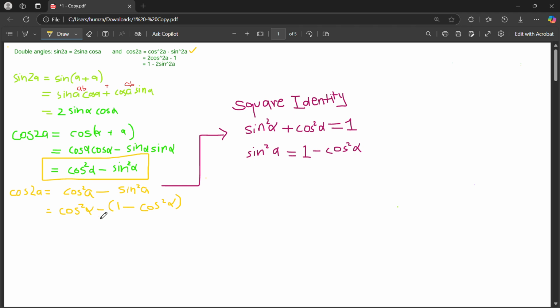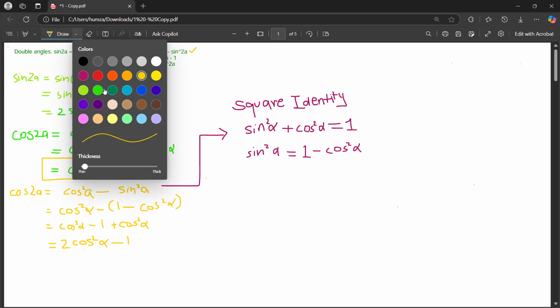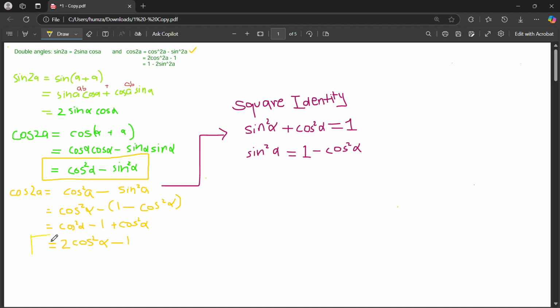Now we are going to times this minus with the bracket, and we are going to say now this will give us your cos squared alpha minus 1 and plus your cos squared alpha, and this is one cos squared alpha, this is another one, so we can add these two and we can say this is 2 cos squared alpha minus 1, and there we go, we found our second formula for the cos 2a, and this is it, 2 cos squared alpha minus 1.